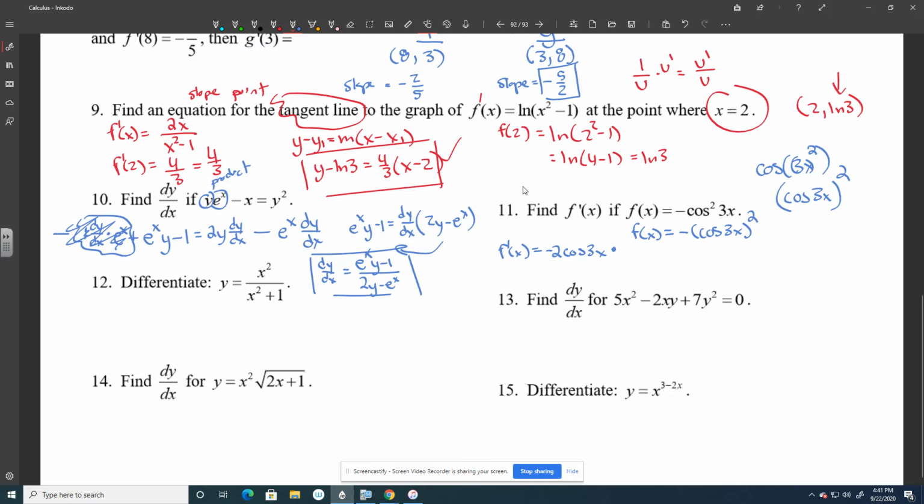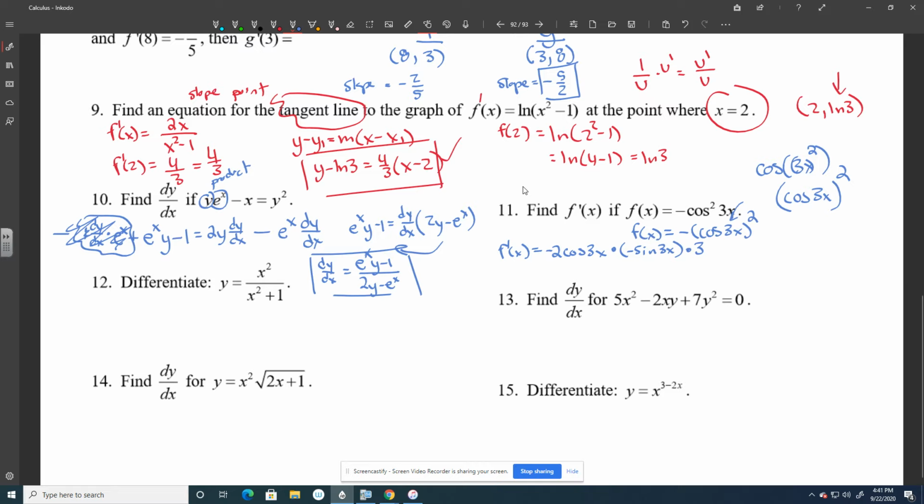So I need to multiply by the derivative of cosine of 3x, which is just negative sine of 3x. But I can't forget that when I take the derivative of cosine 3x, I have another chain rule, the 3 on the inside. So I've got to remember to multiply by 3.